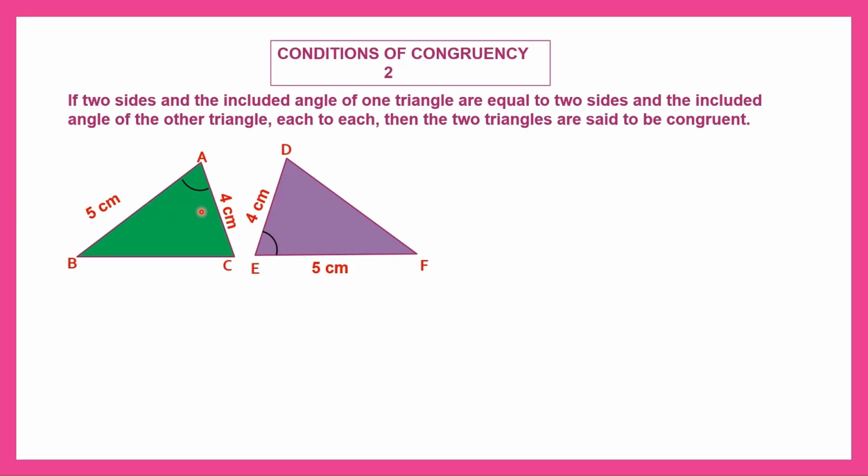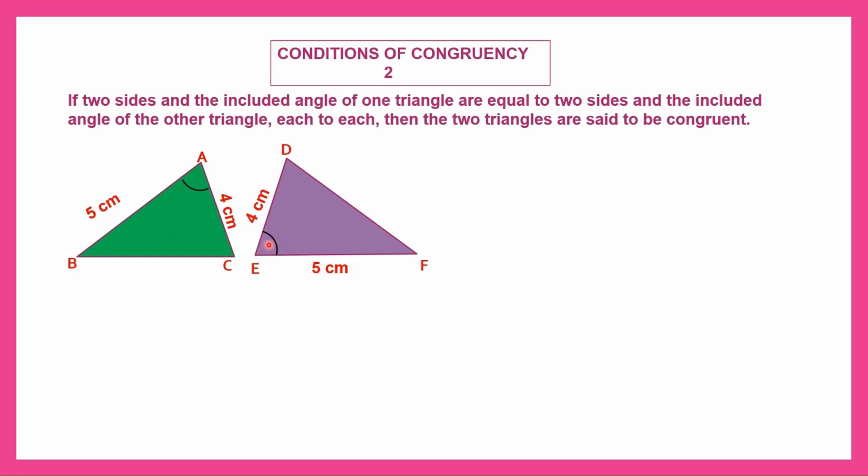Now let's look at triangle DEF. Here we have two sides, 5 centimeters and 4 centimeters, and angle E, which is the included angle. If these two sides of this triangle are equal to the two sides of the other and the included angle is equal to this included angle, then you say that the two triangles are congruent.